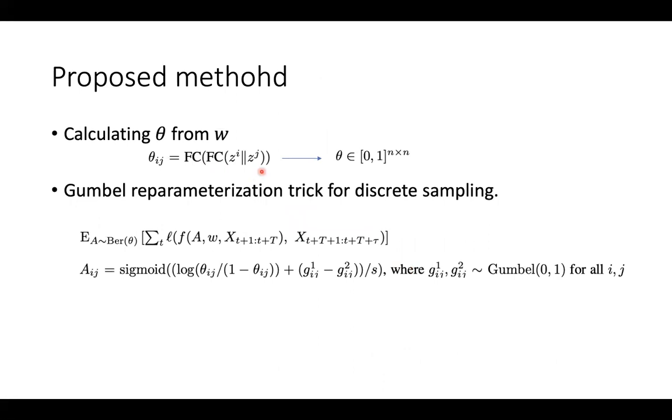we know that there are different options, but suppose we base theta ij on the dot product. Then for Zi and Zj, if they are not that close to each other, theta ij is going to be very tiny. If the probability is tiny, then it's almost unlikely that we're going to sample a positive link for that particular theta ij.